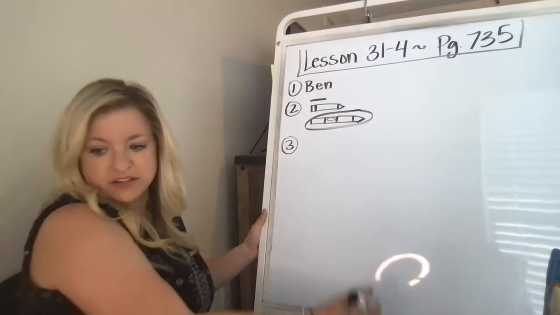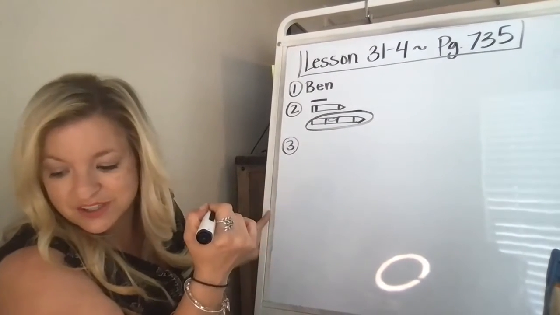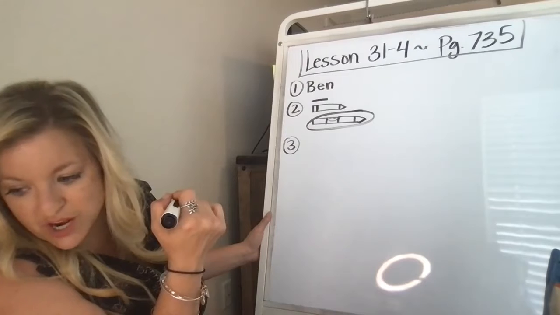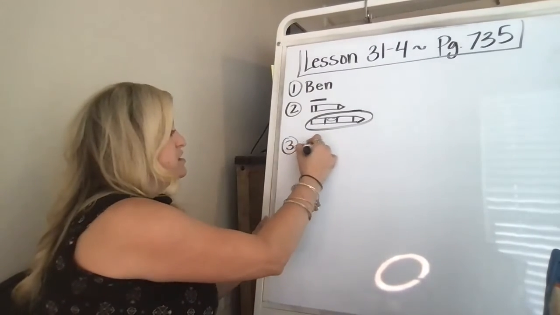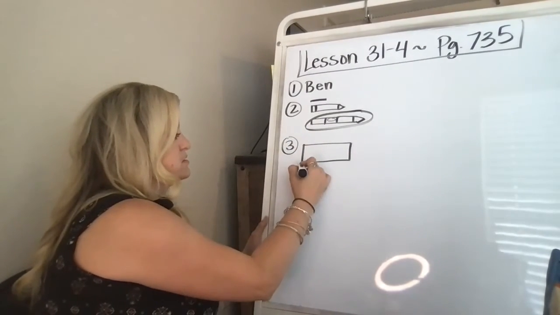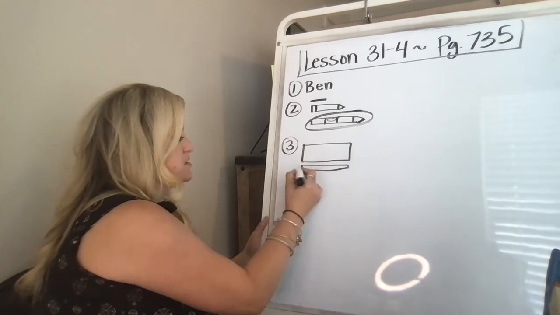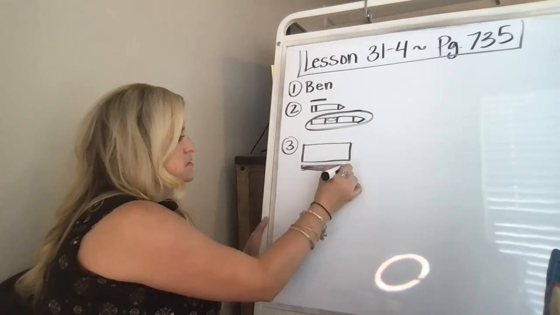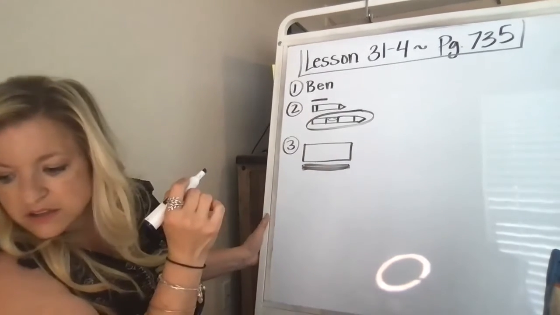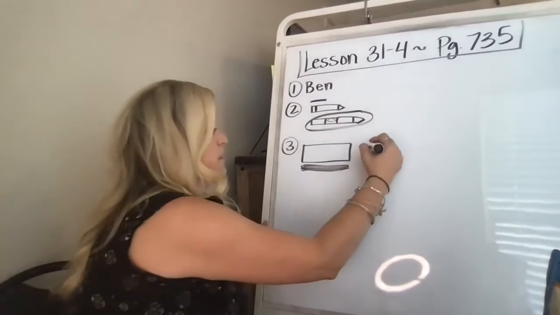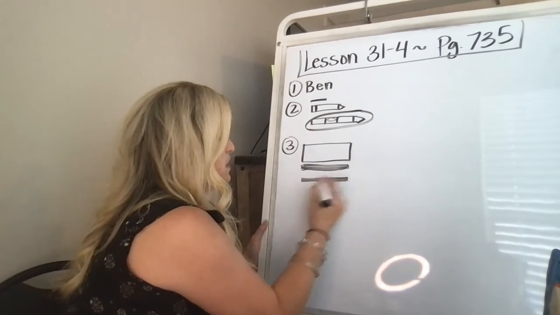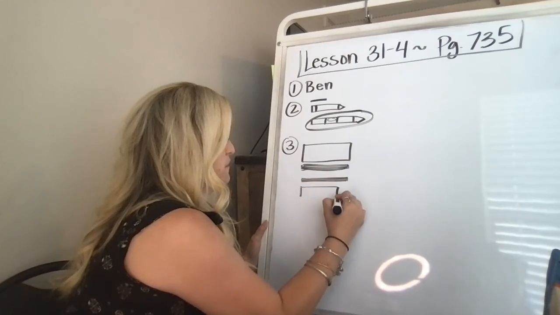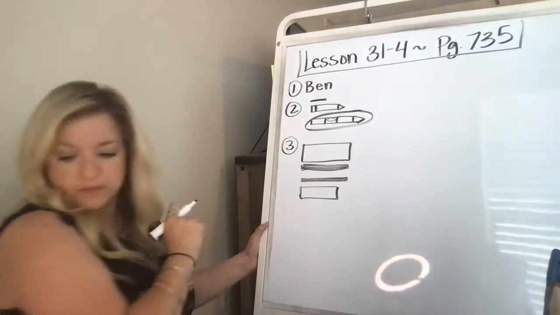Number 3, compare lengths. All right, then circle the correct words. Okay, so I have a red box and it has this tab underneath. Looks like it runs the whole way. And then I have the same thing, but this one's blue.